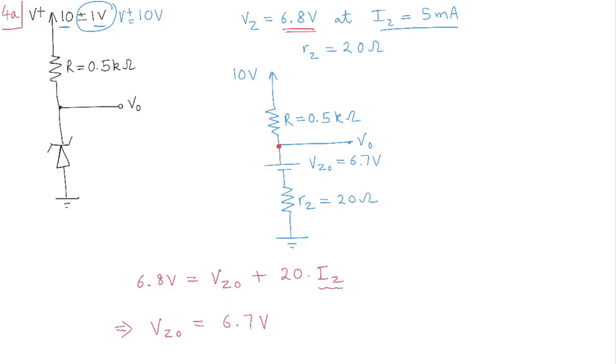Okay, so now we need to solve this circuit. Now we know that whatever current IR is there, the same current also flows like this IZ, because there is no load, right? IR and IZ are equal, which then means that what is the voltage VO then? Let's write in black. VO is going to be equal to 6.7 plus IZ RZ.